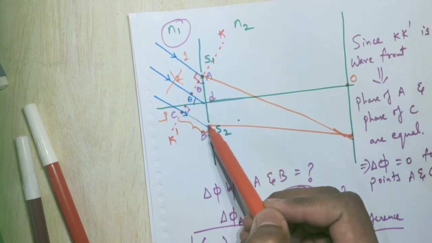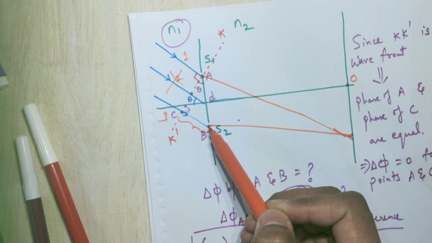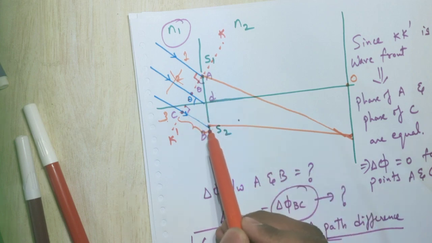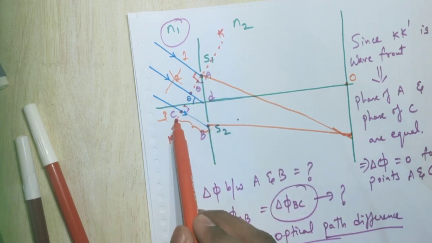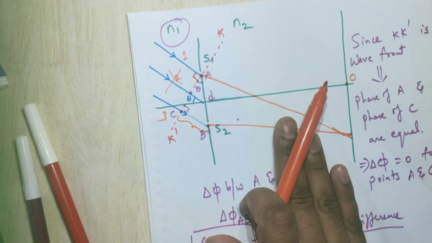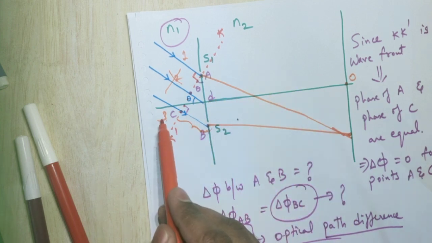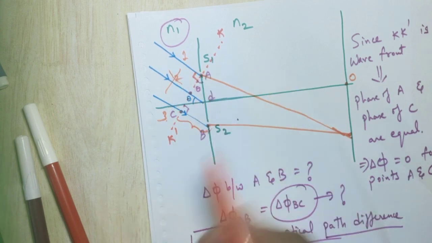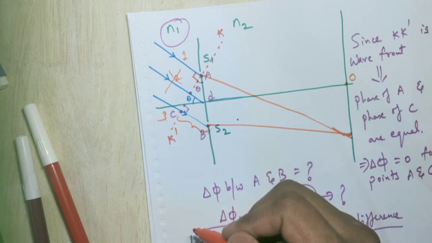These 2 points A and B are not in phase. So for point B to become in phase with point A, there is an extra path of this much. So in the second case, the third ray should have less path and the first ray should have more path. Then only it gets compensated.